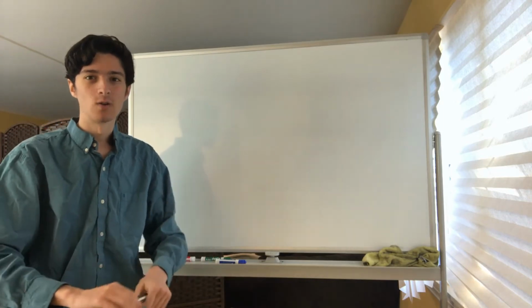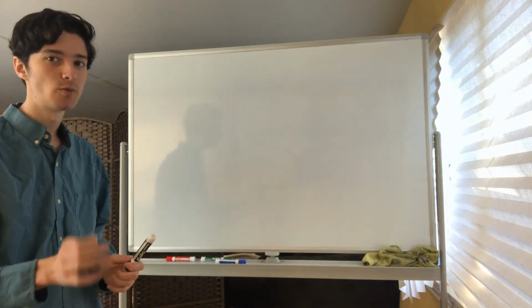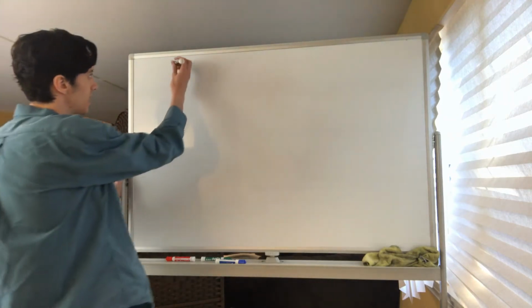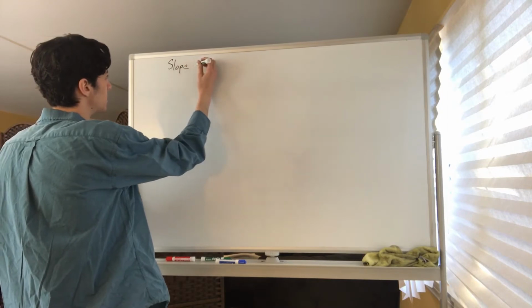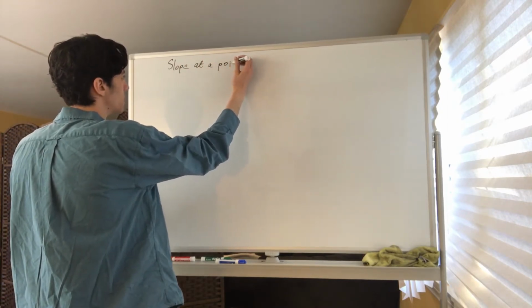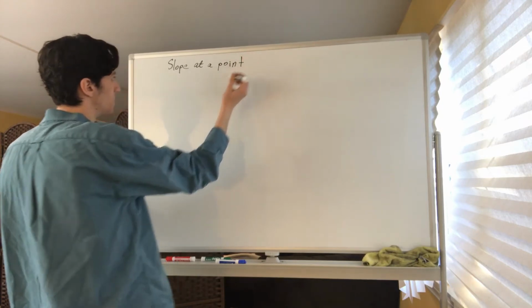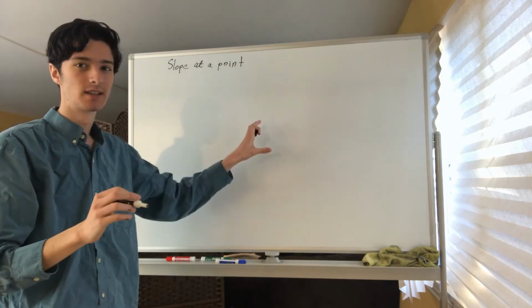So for now, let's say that the derivative is the slope at a point. And I'm going to write that down because this is the idea that I want to focus on for this video: that we're looking for the slope at a point.